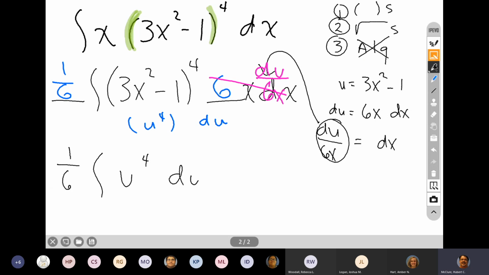I moved it over to the right because it's going to go with the dx. That's the way I do it. I move whatever's in front of the parentheses over to the dx, because I know something is going to be multiplied by dx. I just don't know what until I actually do it.